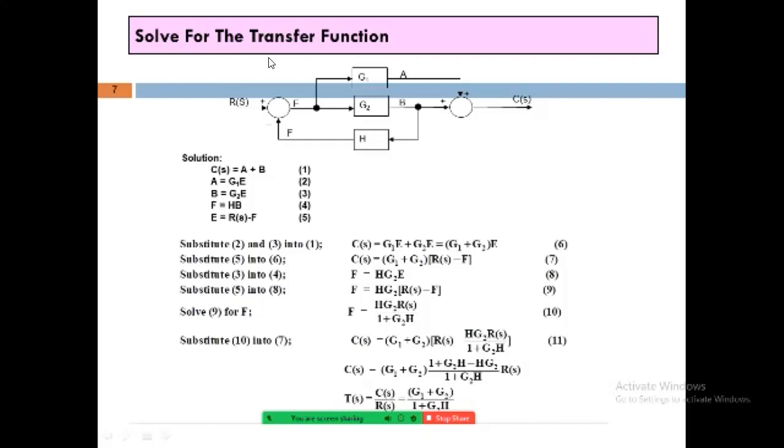Because it is moving towards the output side, not towards the H side, not towards the path of H. And the last one remaining is E. So how will this E be obtained? Yes, definitely E is obtained from R of S and F. So E is equal to R of S, and since a minus sign is there, minus F. So the last equation, for E, is R of S minus F.